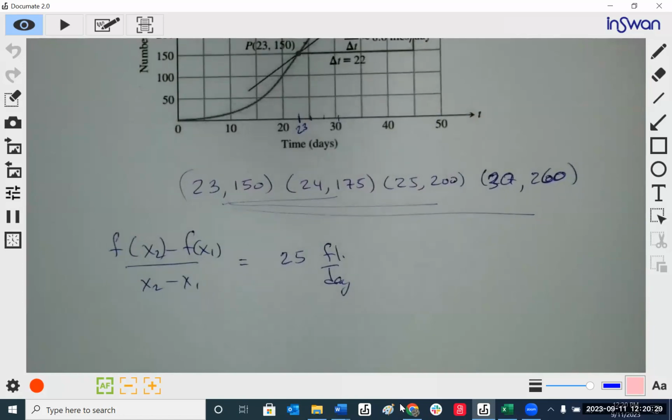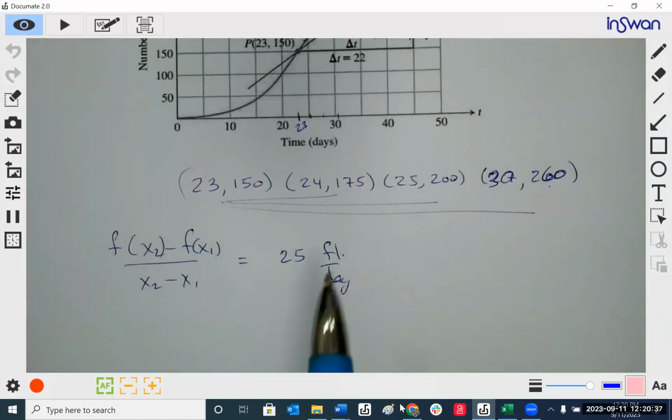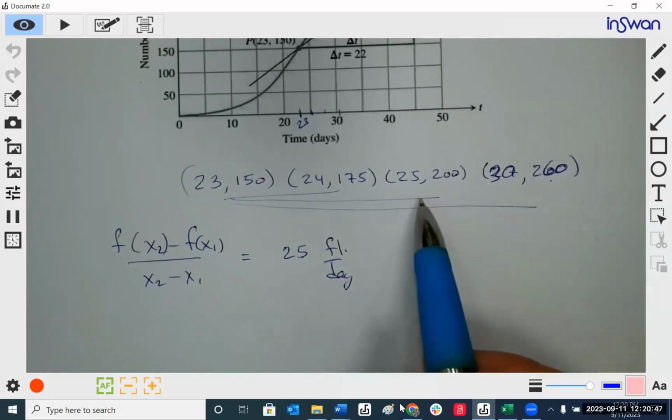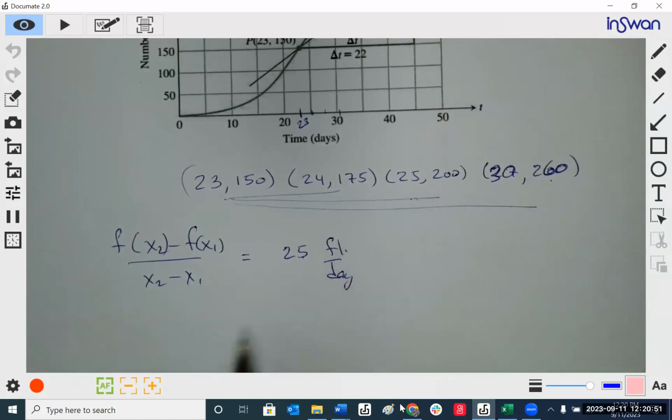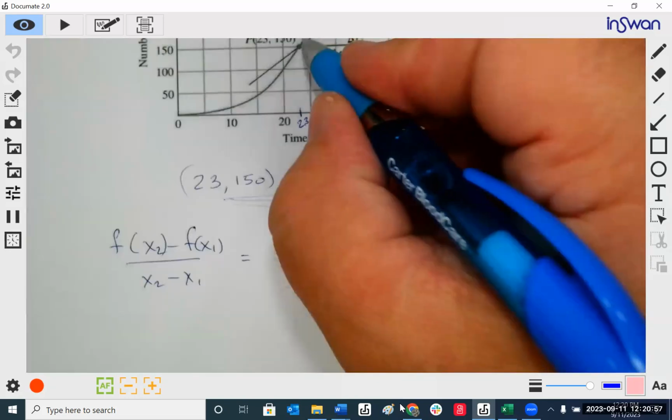Those are going to keep giving us secant lines. They get closer. This should be the furthest away, then we get closer and closer. The closest one should be 25. It can't be 50, because it's an increasing slope.